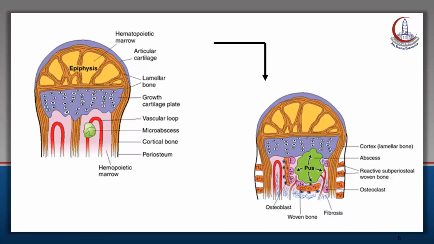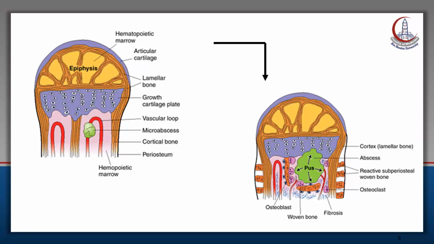This diagram shows the hematogenous spread of osteomyelitis. As we said, the most common mode of transmission is the hematogenous route. This starts with a microabscess, a septic focus related to a vascular loop. Then this abscess may expand, going to the cartilage and to the periosteum.